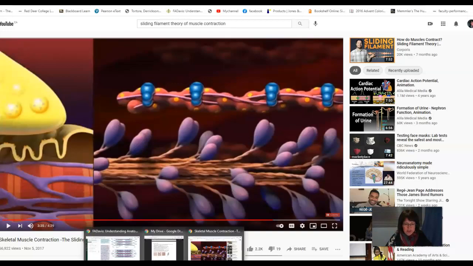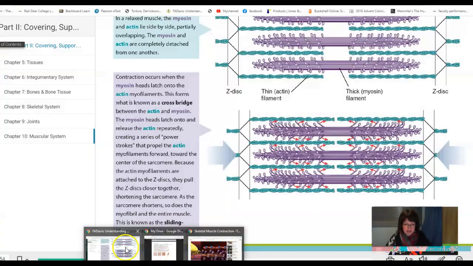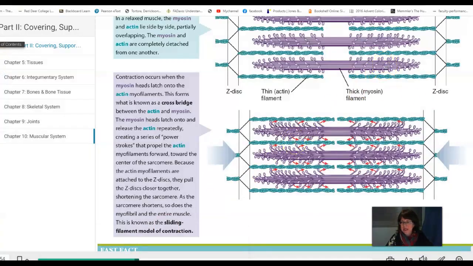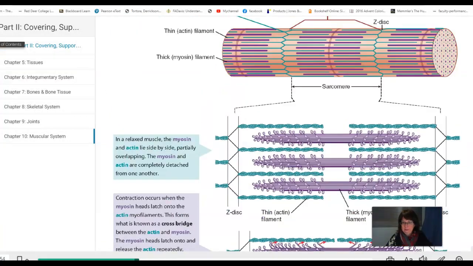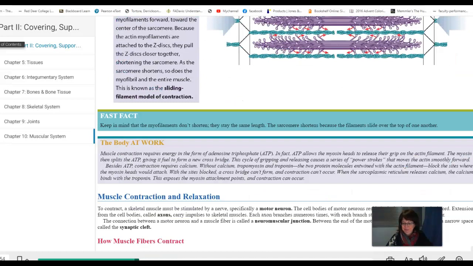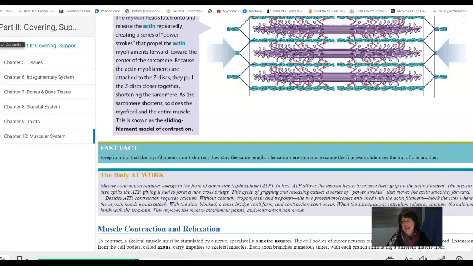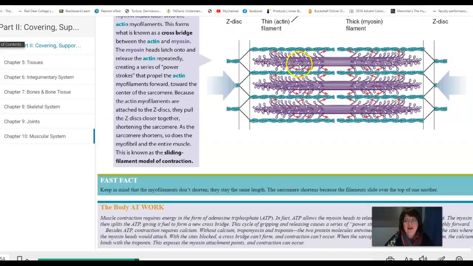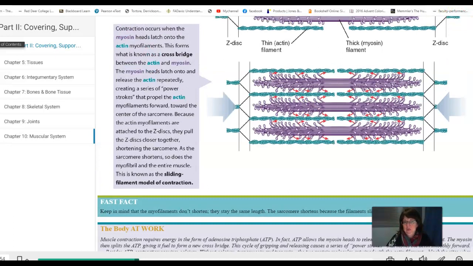So we can go through the textbook. When we look at the textbook, here are our myosin. And you can tell the thick myosin because they're the ones that have the heads on them. To me, they kind of look like an aerial of paddlers in a rowing contest.